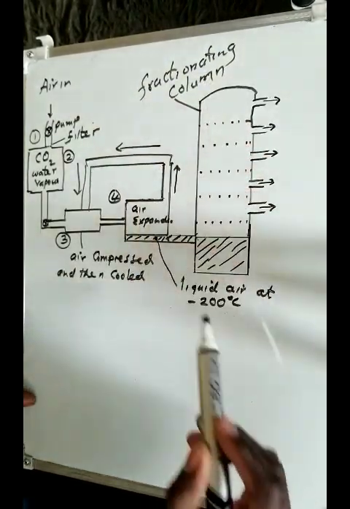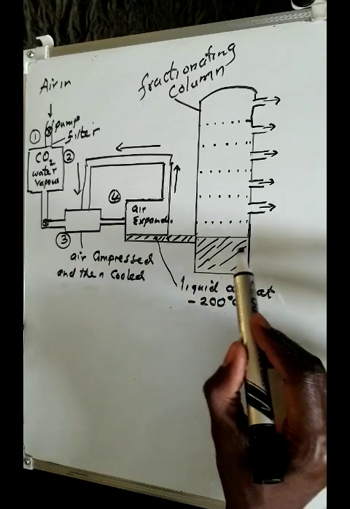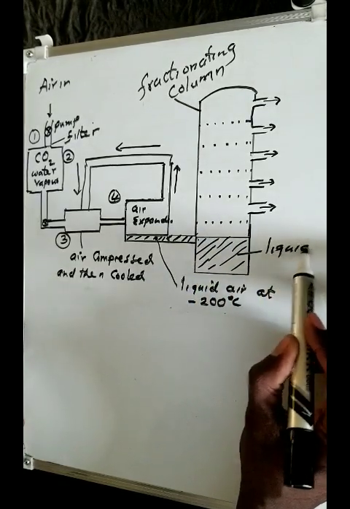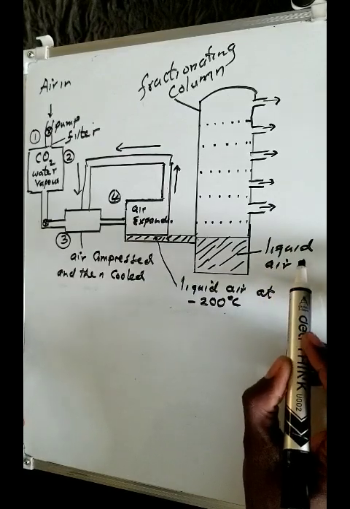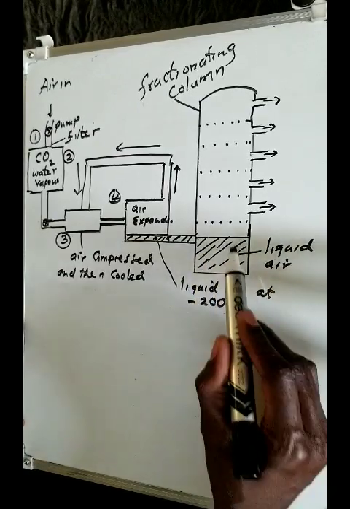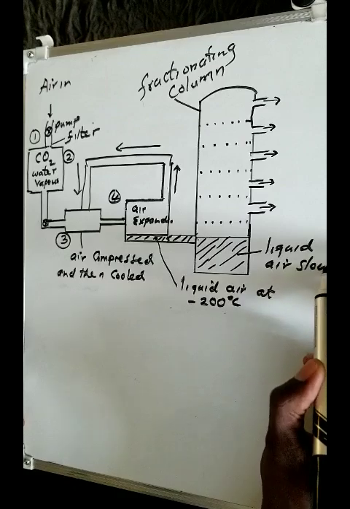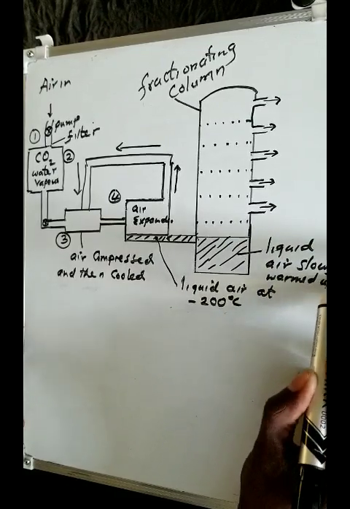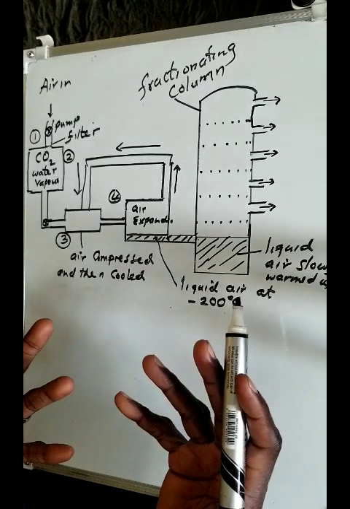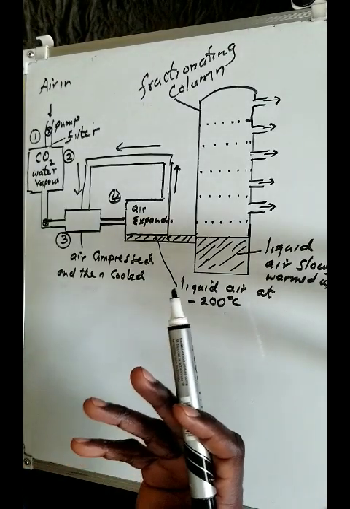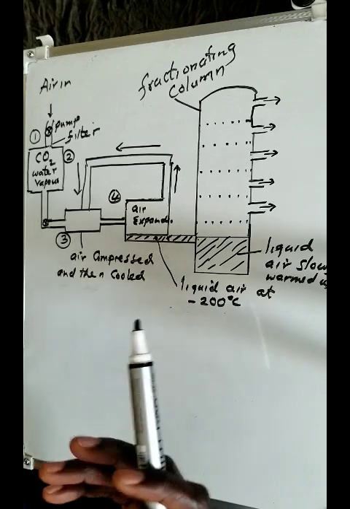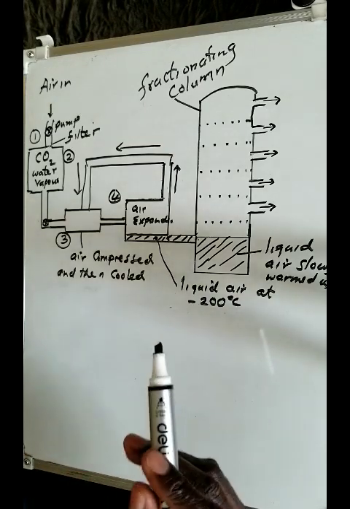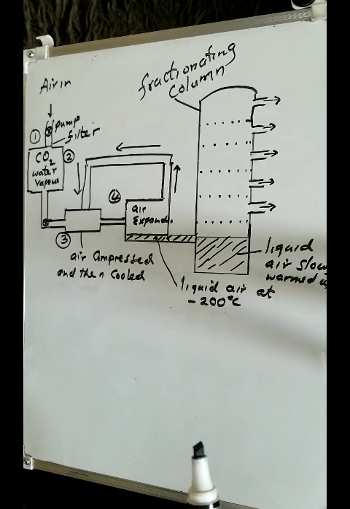In the fractionating column, what is at the bottom that I've shaded simply represents liquid air, but that liquid air is slowly warmed up. Remember what I said in my preamble. As it is warmed up, the gases start boiling off one by one, and they are collected in tanks or cylinders.